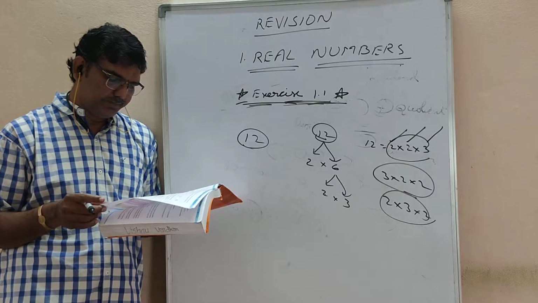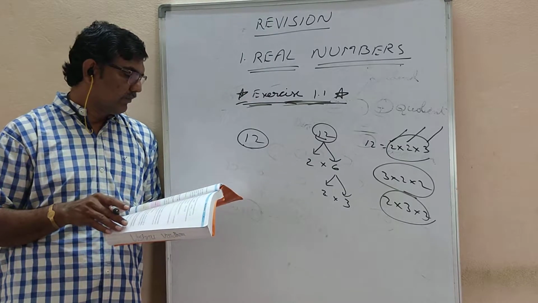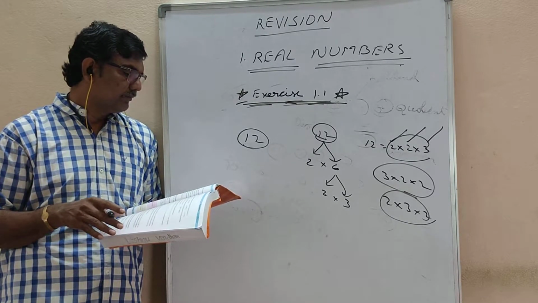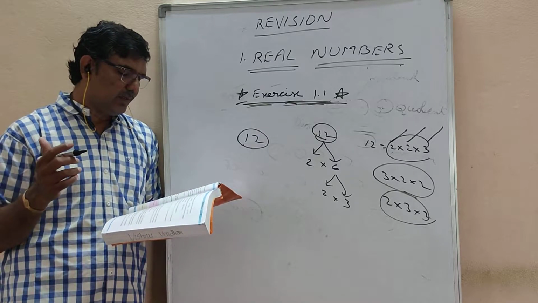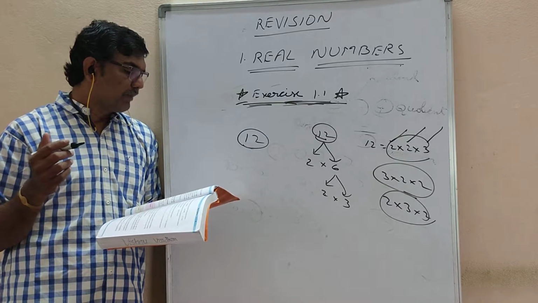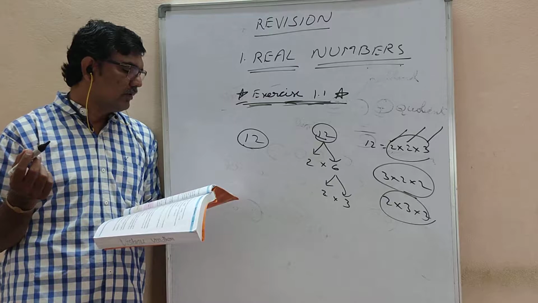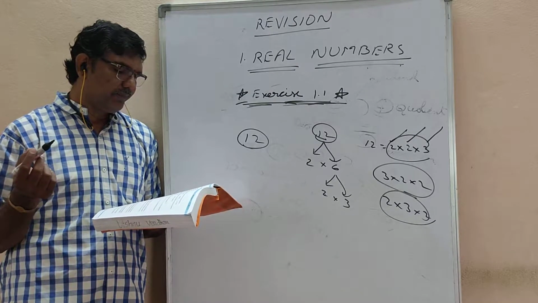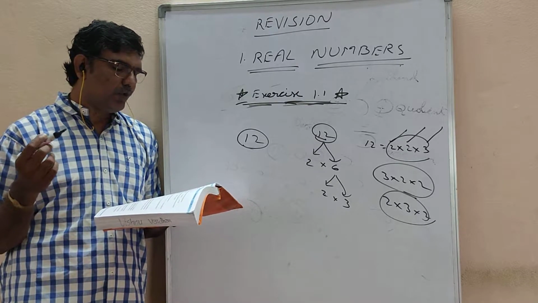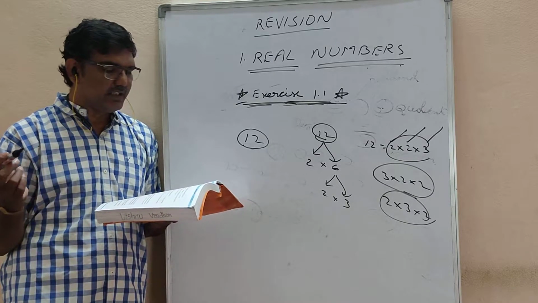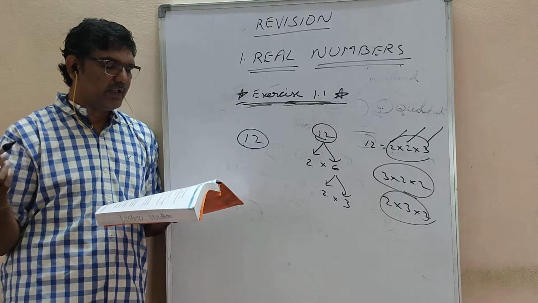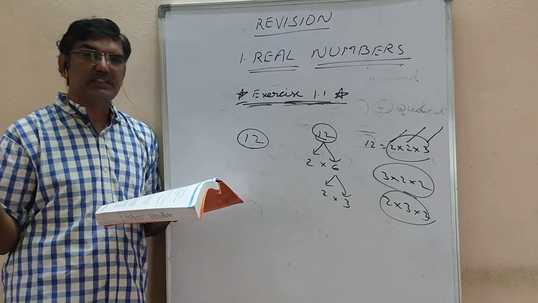Next, example 3. This example 3 is also a very important question. What they will give is: check whether 4 power n can end with the digit 0, or check whether 6 power n can end with the digit 0.